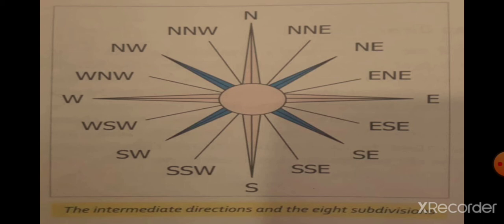I'll show you one more example. If I say this is east and this is south, between the east and the south we have the southeast. Correct? And between the east and the southeast, we have the east southeast. In this way, the intermediate directions and the 8 subdivisions are explained to you. Children, that cardinal diagram as well as this diagram you will be drawing in your notebook.